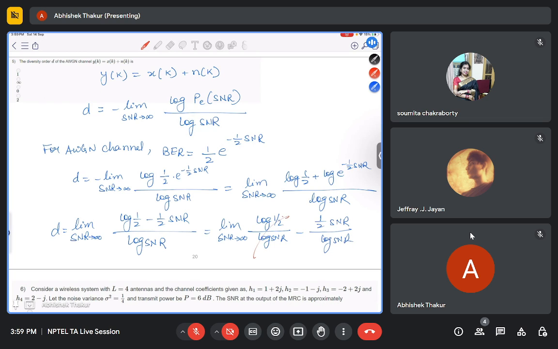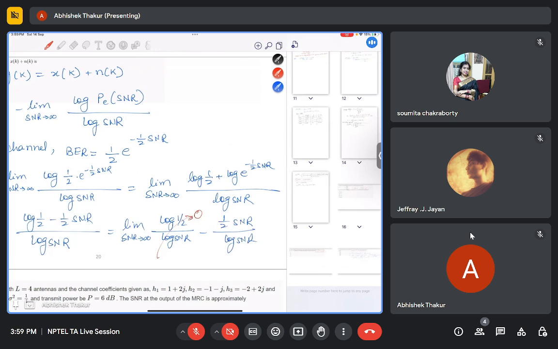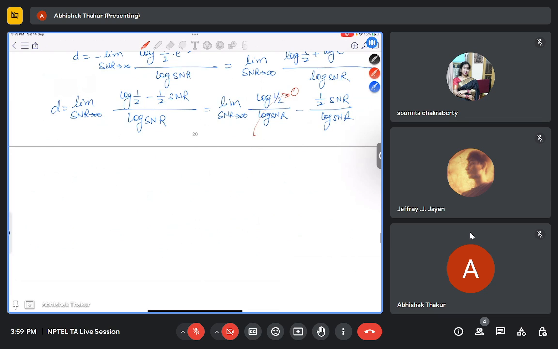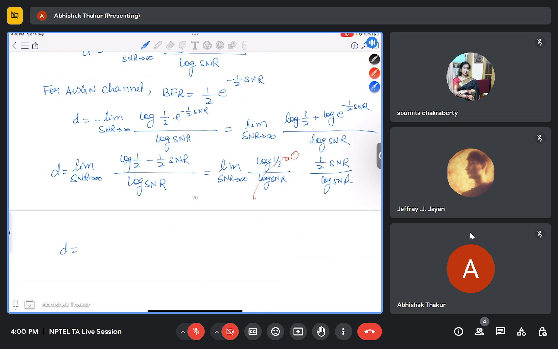Now this term will become 0 because the denominator tends to infinity and the numerator will be finite. So D will be, here also the minus sign was there, so D will be plus of limit SNR tends to infinity, half of SNR divided by log of SNR.